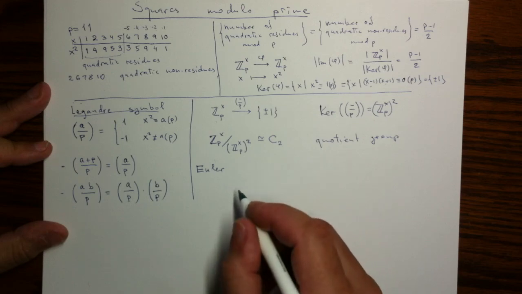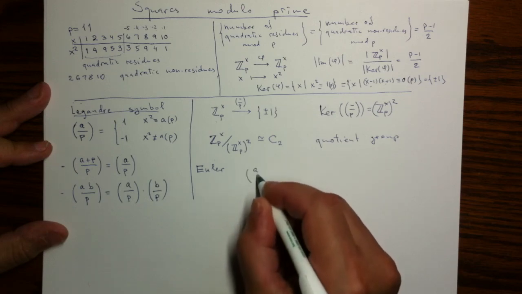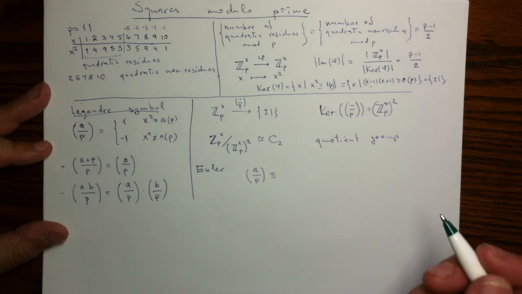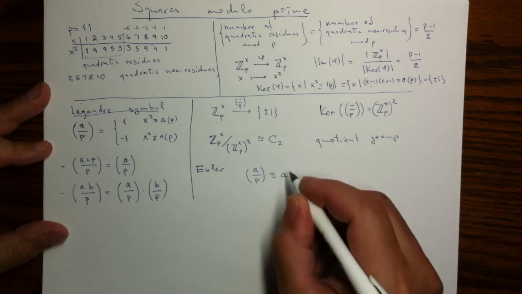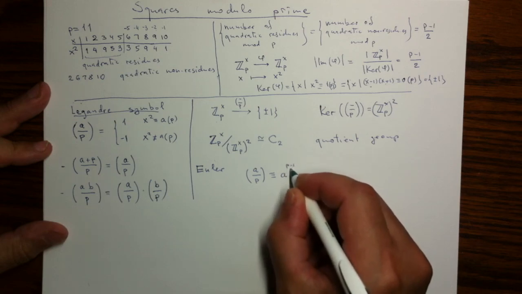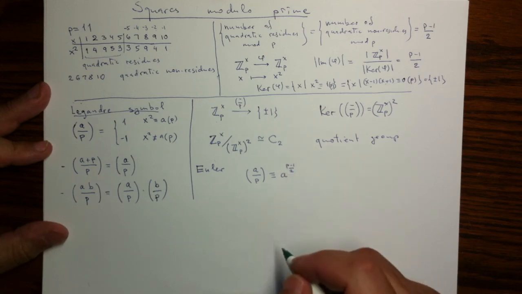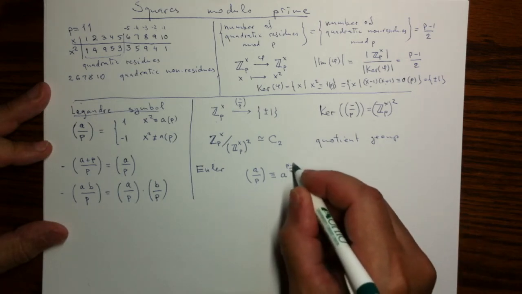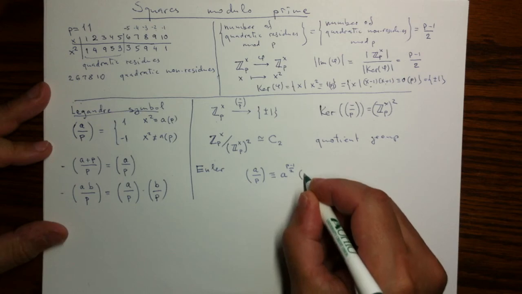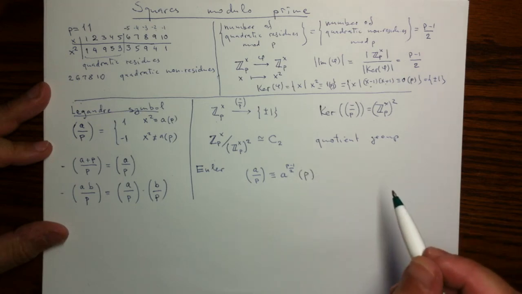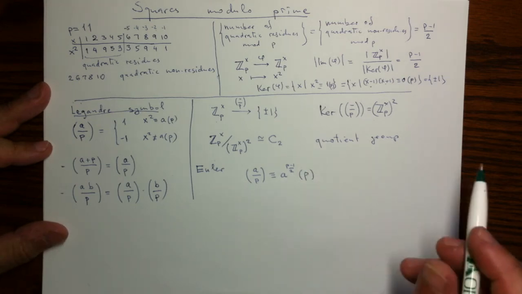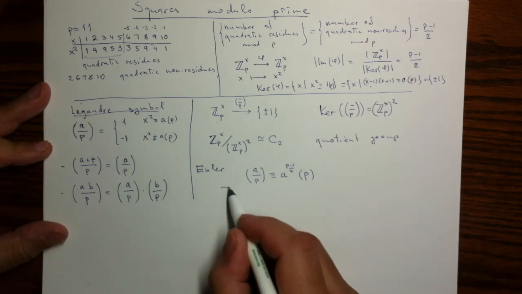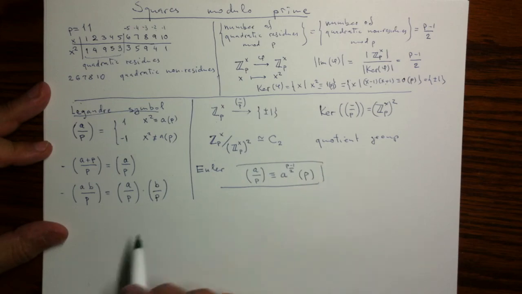So Euler's statement is the following: you can write a formula for the Legendre symbol in residues mod p. You can just take this a and raise it to the power (p minus 1)/2. P is an odd prime, so p minus 1 is an even number. You can always form this and it will be an integer. Computed mod p, it will be plus or minus 1, and it will just agree with the Legendre symbol.